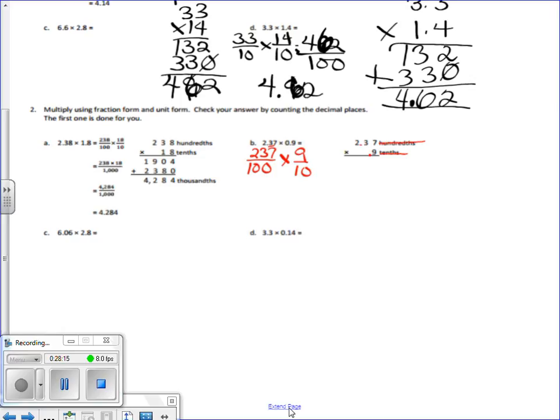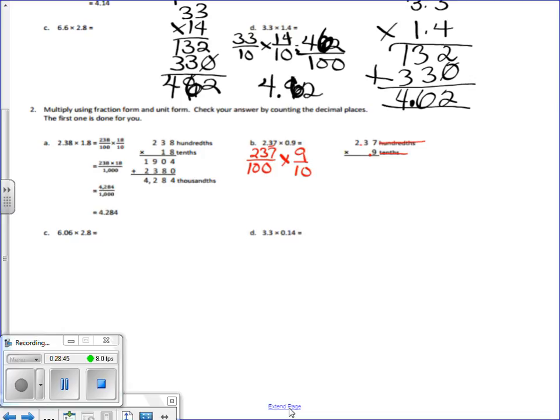Don't let that 0 mess you up. You don't have to multiply that 0. It's just there showing you that there are no 1s. That 0 is not important. They put it in there, but you don't have to multiply it. This 0 right here, you don't have to do anything with it.